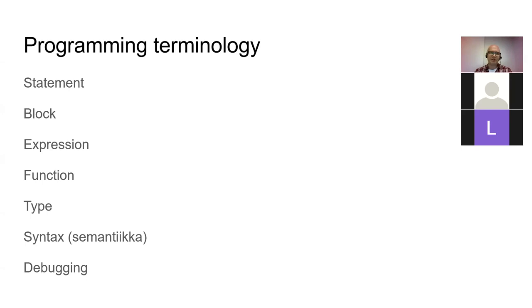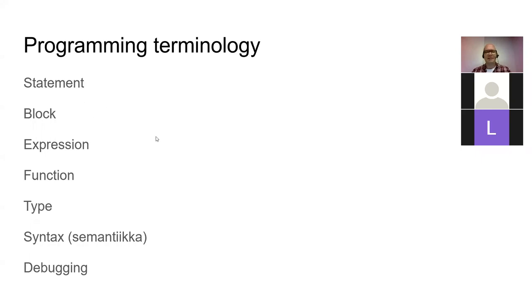Terminology probably belongs a little bit on both of those categories. But there are some important terms which will be repeated over and over again in the material, and I think it's important that you know what most of this means. At least you have some kind of vague idea of what this means. Let's talk about this briefly.